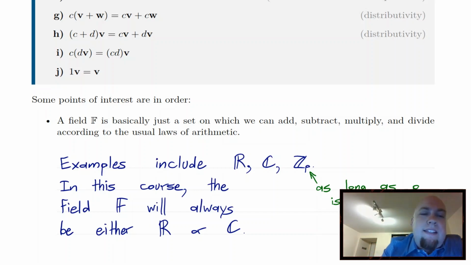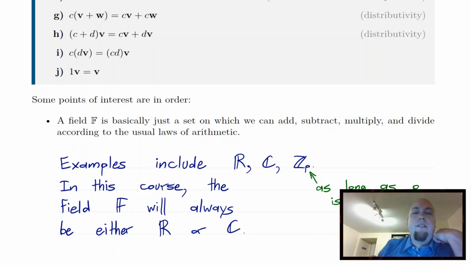All right, so this field that we talked about, F, we think of it as a set of numbers, which basically just means it's a place where we can add, subtract, multiply, and divide according to basically the usual laws of arithmetic. Okay, so we're not going to go into the details.